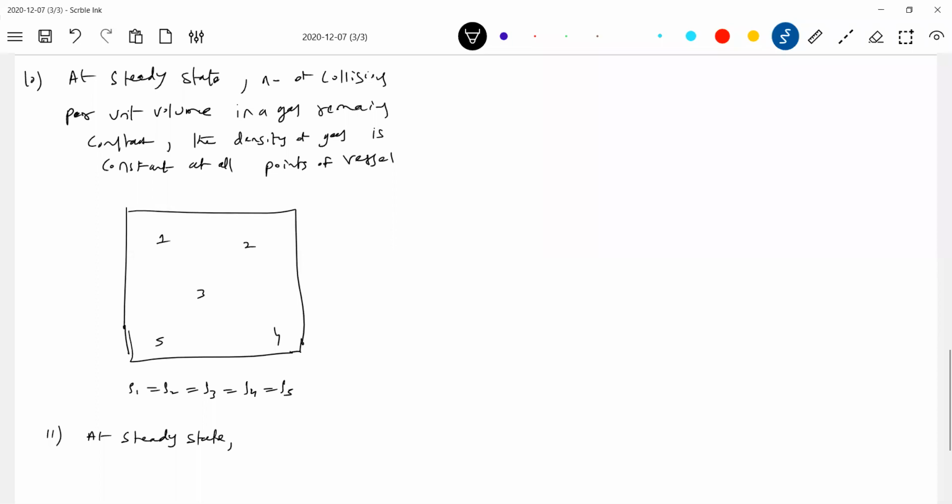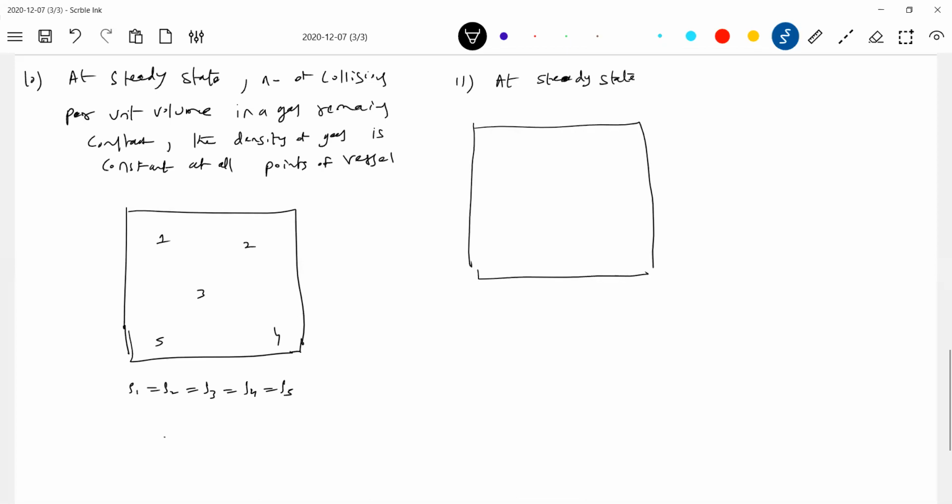At steady state, if you look at the distribution of molecules at a given point, I need a diagram here also. I will take two volumes here.